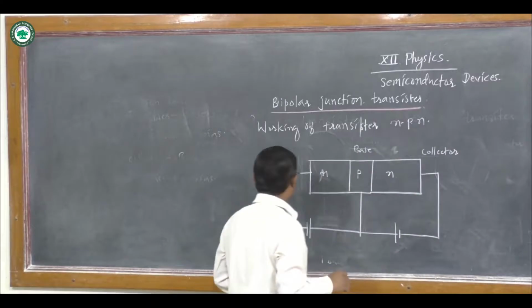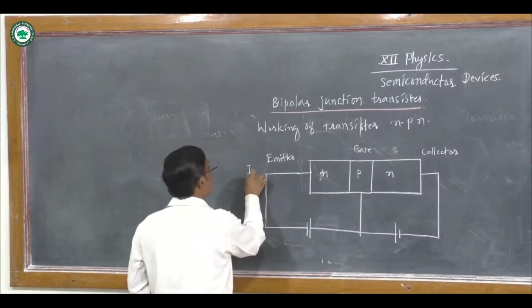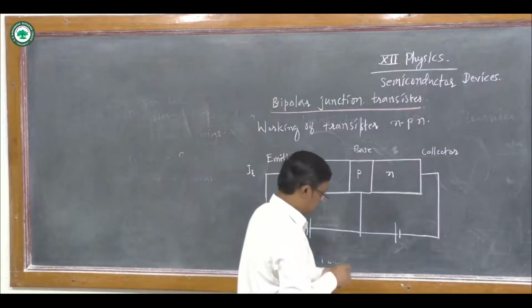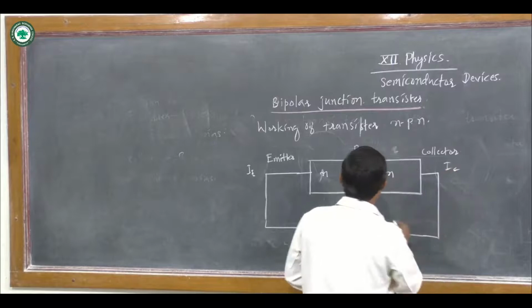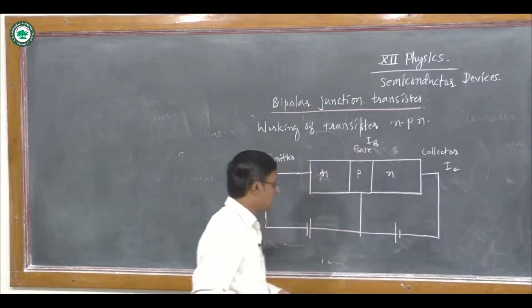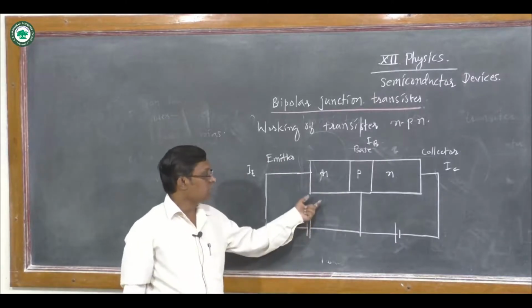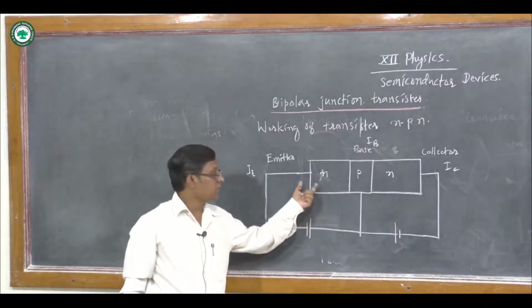The current which we get across the emitter is IE, the current across the collector is IC, and the current across the base is nothing but IB. What happens here? The majority carriers are the electrons in the N type of material, which is the emitter.